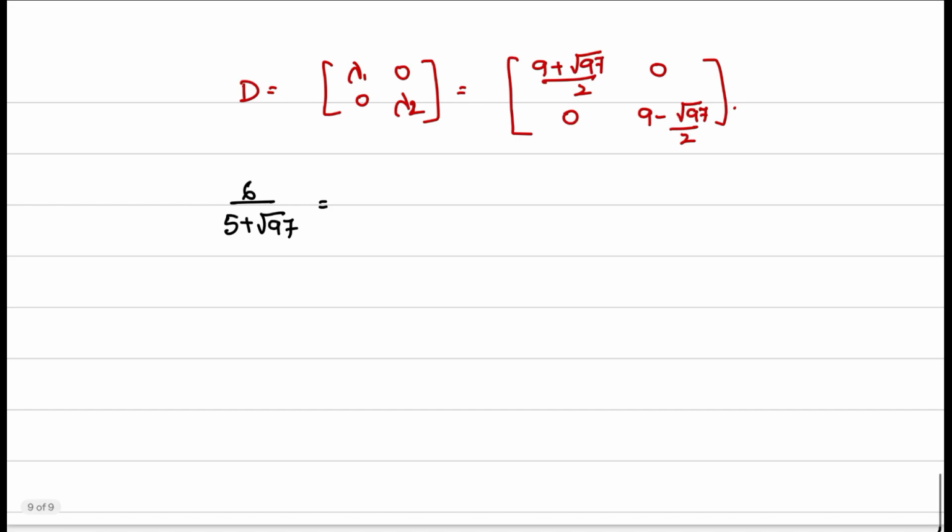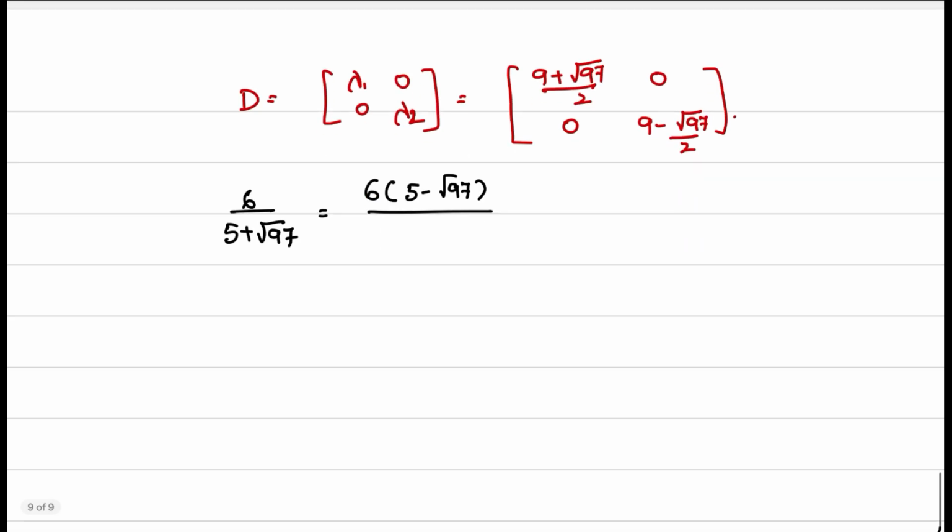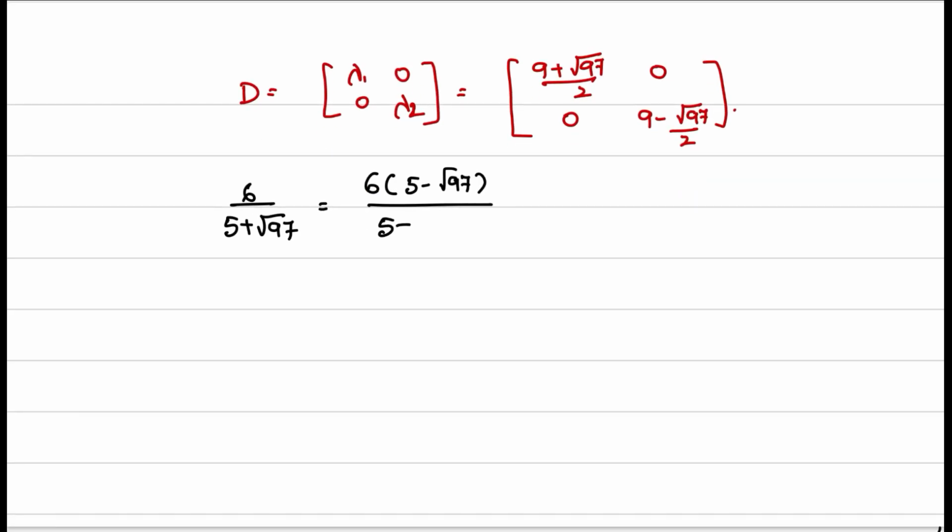This can be done by multiplying and dividing by 5 minus square root of 97. The other eigenvector is in the form of 5 plus square root of 97. Let us do a little bit of arithmetic here. That is equal to 6 into 5 minus square root of 97 whole divided by 25 minus 97.